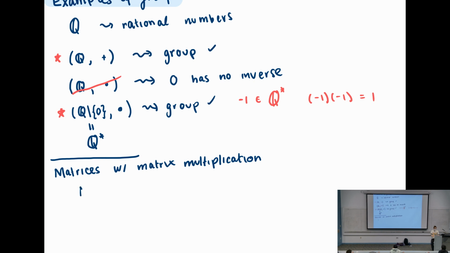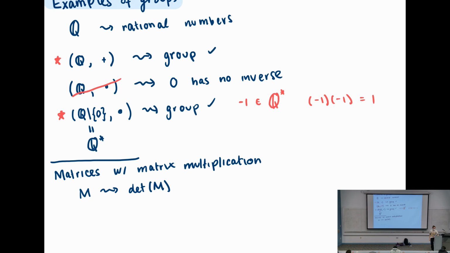If we have a matrix M, we can take det M, and recall that M is invertible if and only if the determinant of M is non-zero.